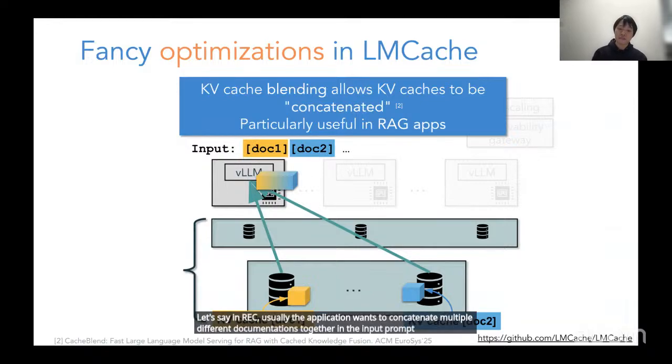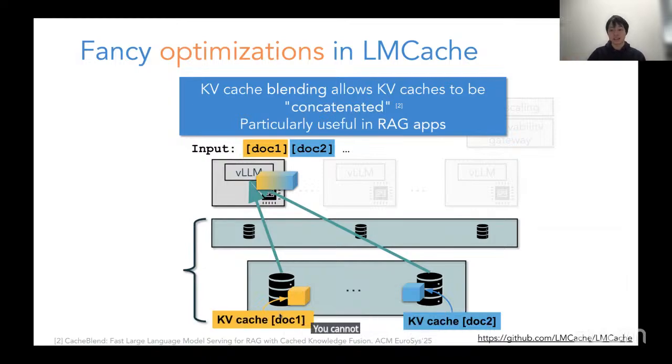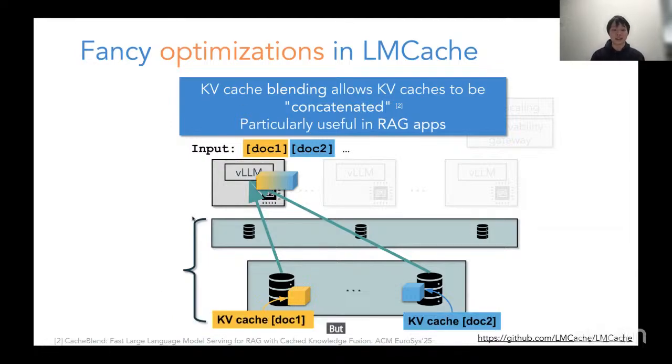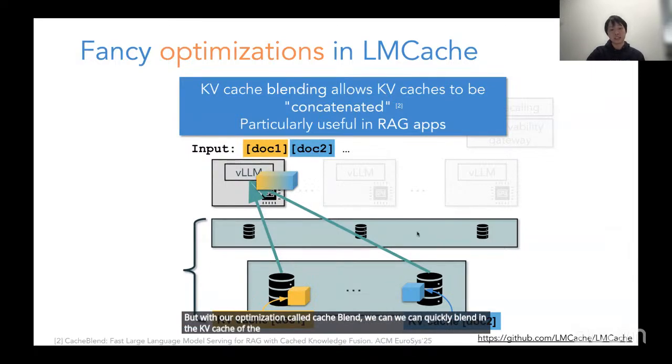If you have the KV cache for separate documents, you cannot directly reuse that, because document 2 here is not the prefix, and since it's not the prefix, it cannot be automatically reused. But with our optimization called CacheBlend, we can quickly blend the KV cache of document 1 and document 2 together to make it usable as if it's a prefix cache.